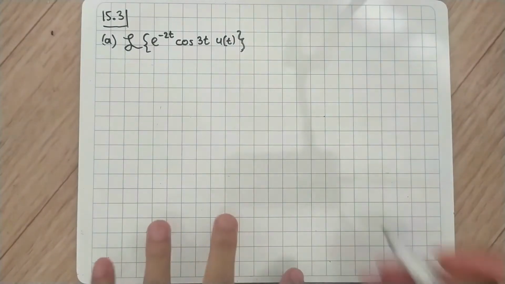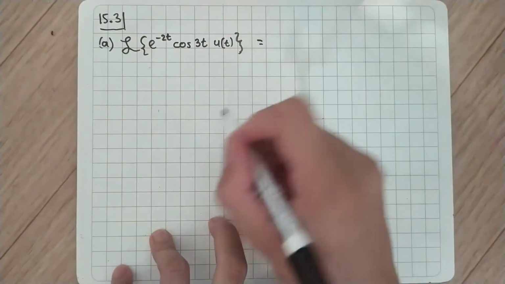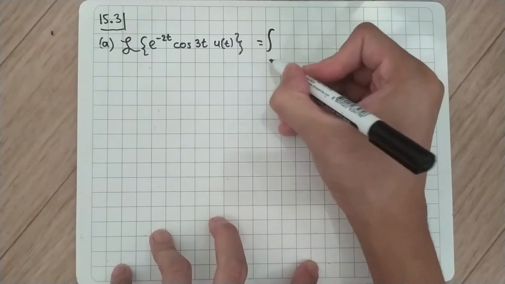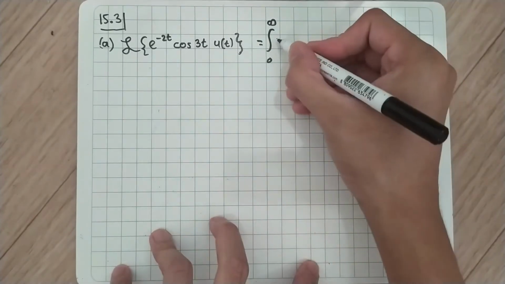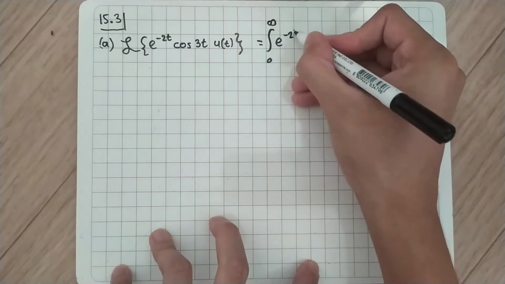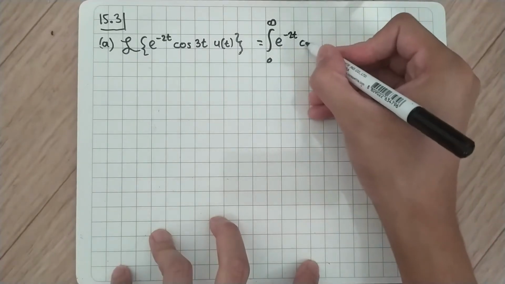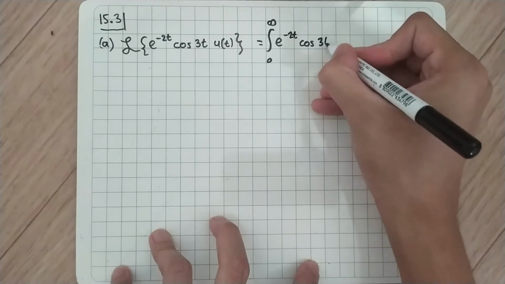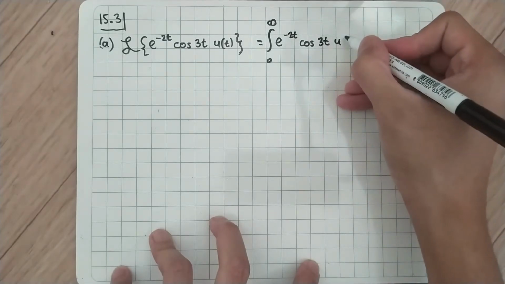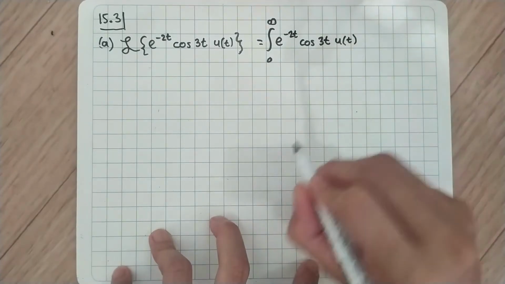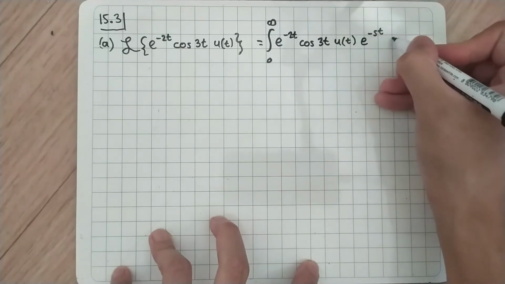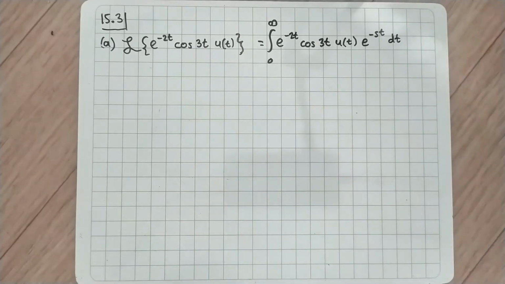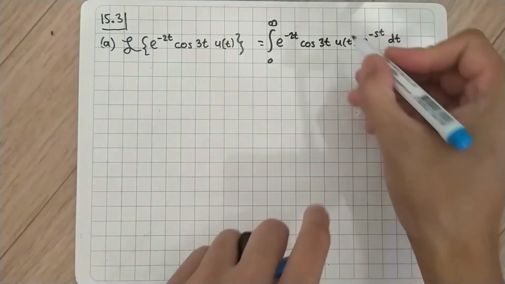So the definition of Laplace transform is the integral from 0 to infinity of the function that we want to transform. So e to the minus 2t cosine 3t u(t), and it's multiplied by e to the minus st dt. Okay, now the first term that we can remove is this u(t).